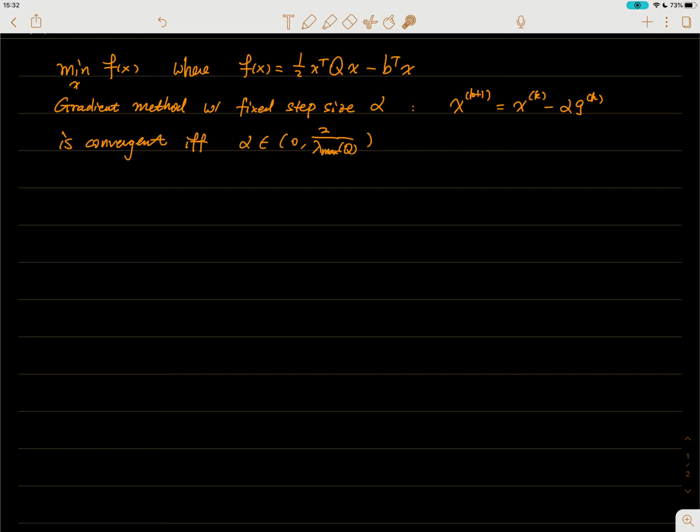Here I'm going to give you a more general result. In the general case, we just try to minimize this function f(x), where f is not necessarily quadratic, just some general function.